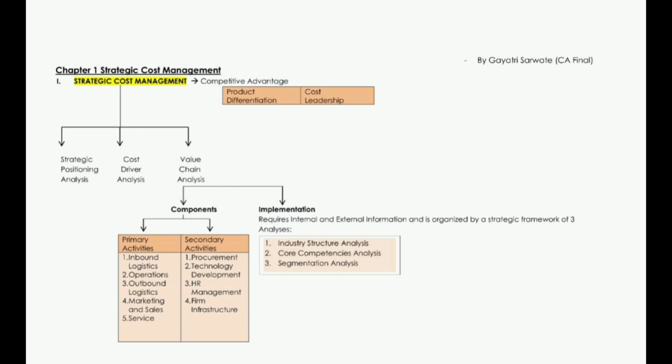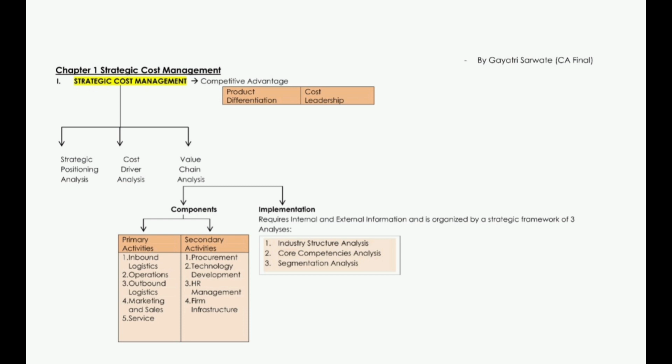To support these, we have secondary activities, which are also alternatively called support activities, which is first procurement. Now, procurement involves purchasing of raw material, the supplies, the consumables which are required as inputs in the inbound logistics. Further, technological development.